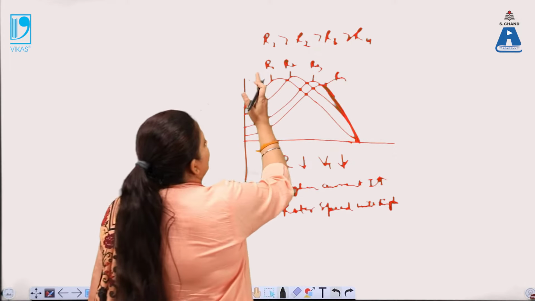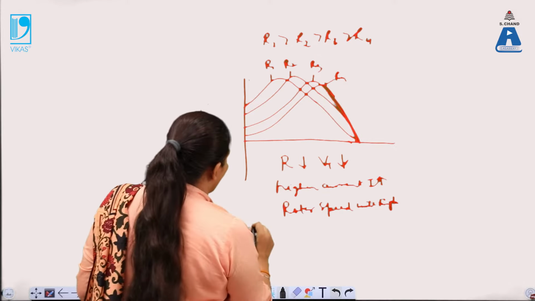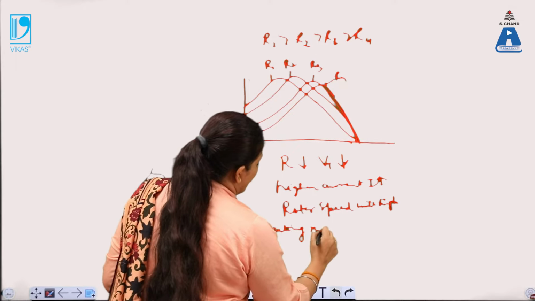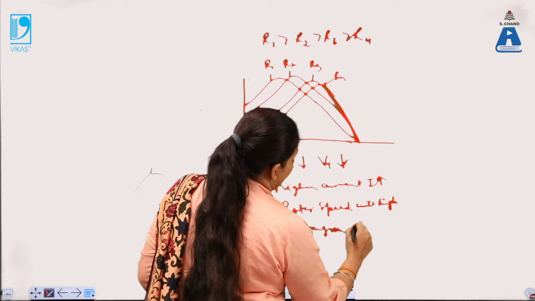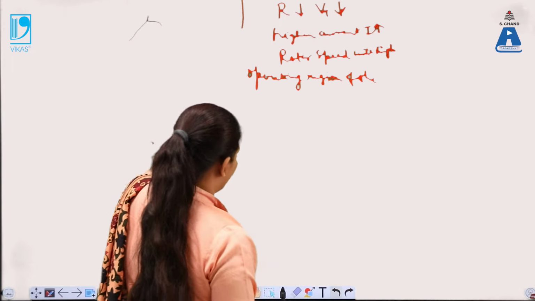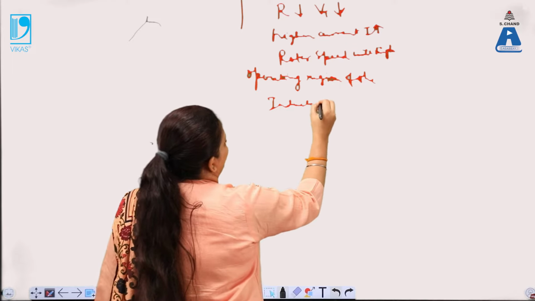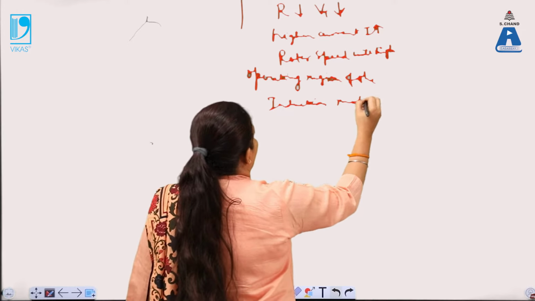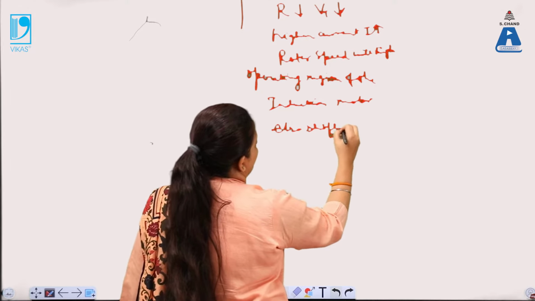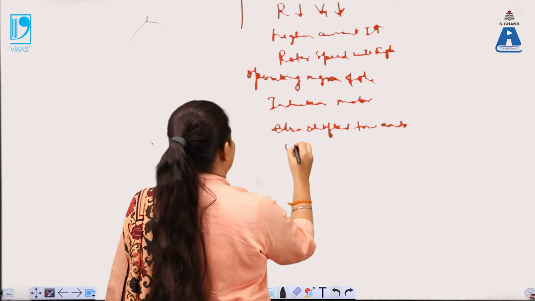Now second, this also gets shifted towards the right hand side, which means the operating region of the induction motor is also shifted towards the generator.